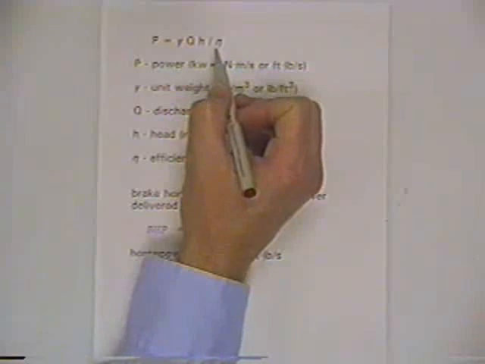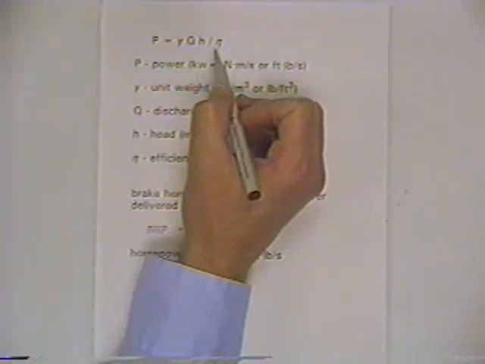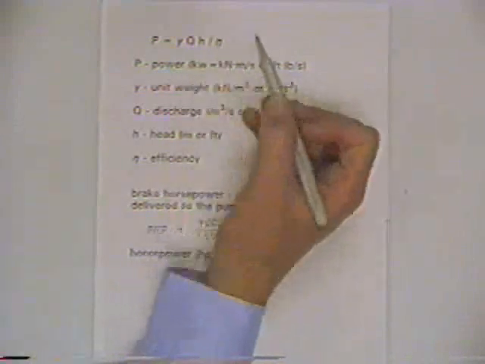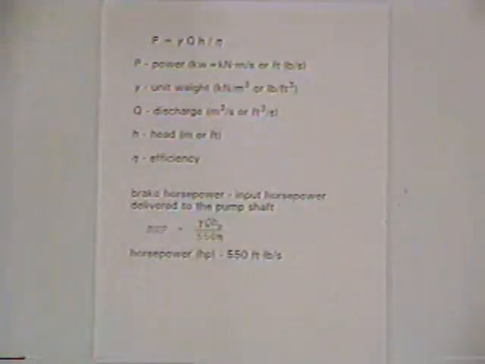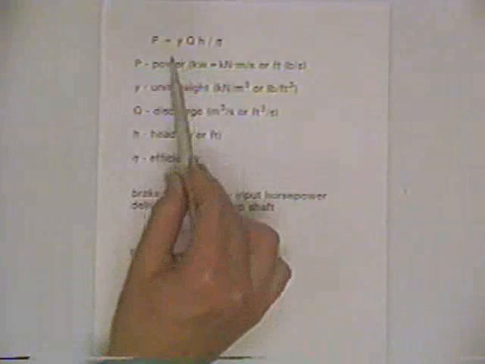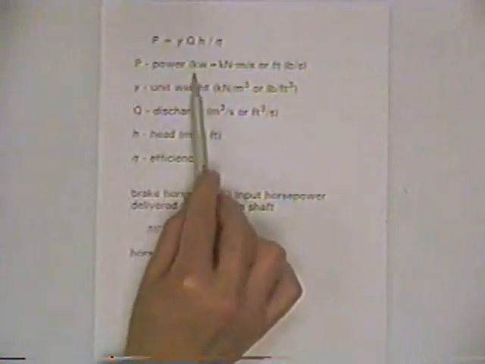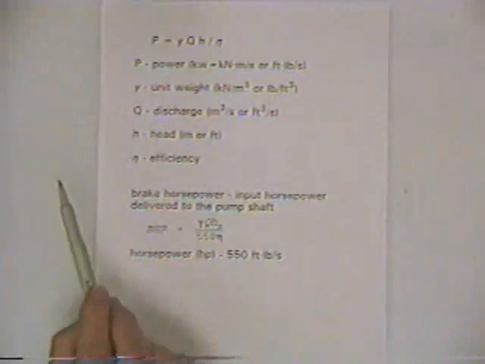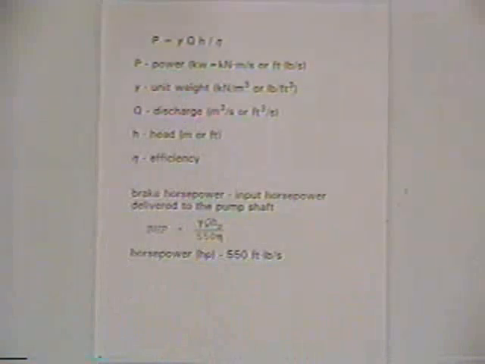If it's a turbine electrical generation problem where you're converting the flow of water to electrical power, we'd be multiplying by the efficiency. And so again, the basic power equation, we've got power in kilowatts, kilonewton meters per second. We've got the unit weight of the fluid going through the pump in kilonewtons per cubic meter, and we've got the discharge rate of water going through the pump in cubic meters per second.